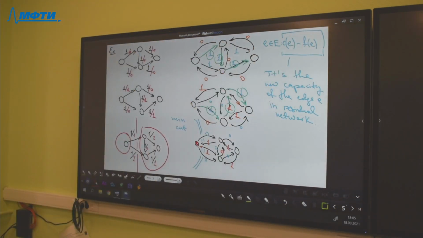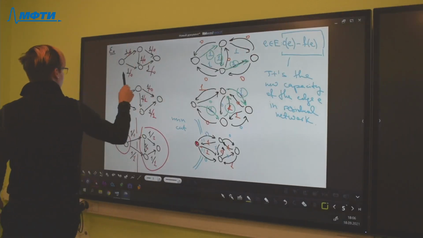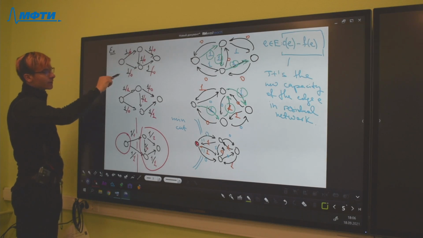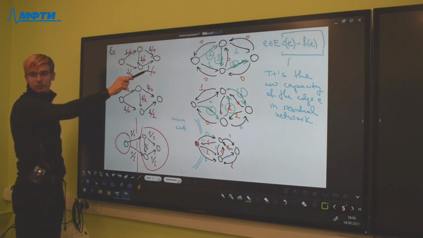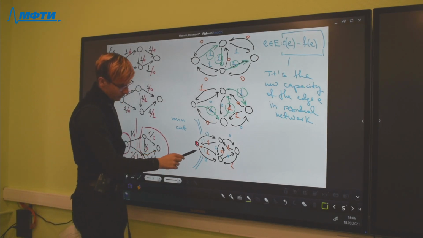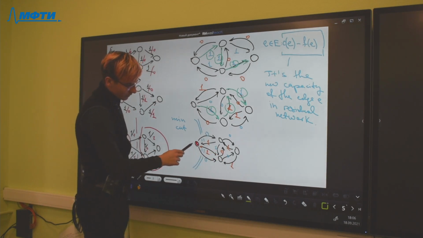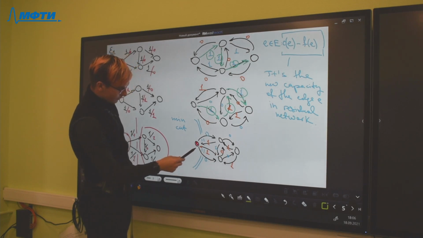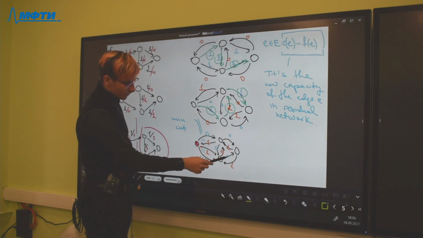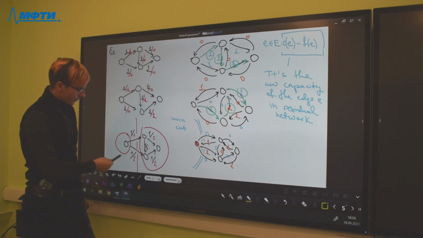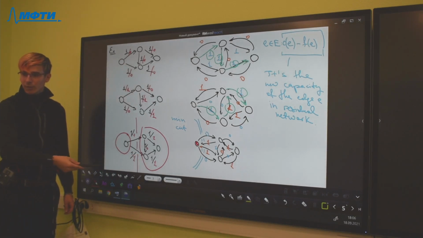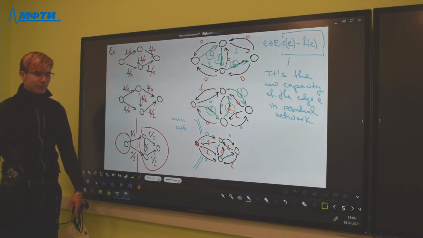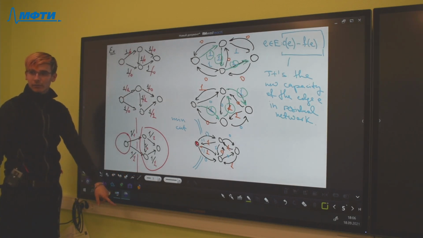And of course, if we have, for example, capacities of the initial graph equal to 2, and we have paths in this residual network from source to sink through these edges, then we say that it is not maximal flow, and we can increase it by this augmenting path. And we will repeat our steps of the algorithm.